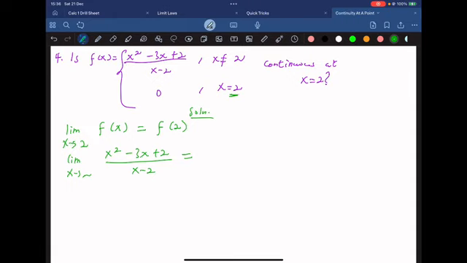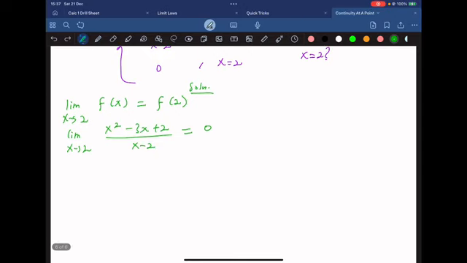Now when x is equal to 2, we have our function to be 0. So we have 0 right here. So basically, the idea is for our function f to be continuous at x is equal to 2, if we solve this limit right here, we have to get 0. Okay, so now let's solve the limits. So we are just dealing with the left hand side, right?